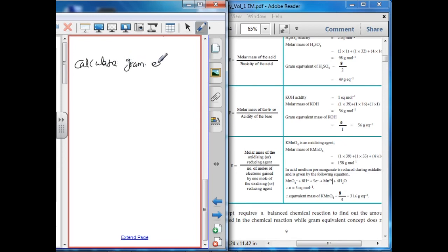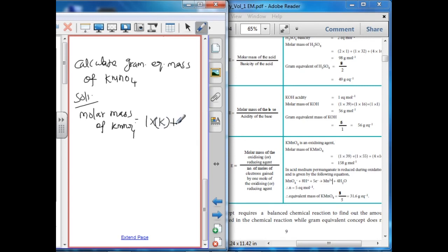First, we have to calculate the molar mass of potassium permanganate, equal to 1 atom of potassium, 1 atom of manganese, 4 atoms of oxygen.